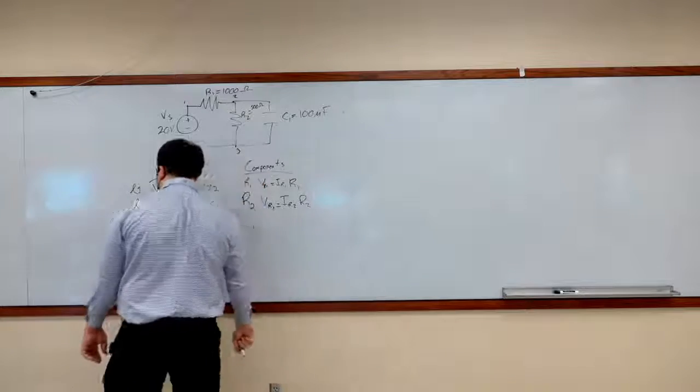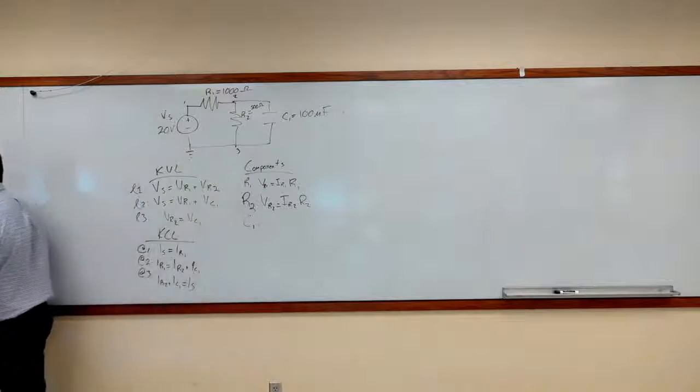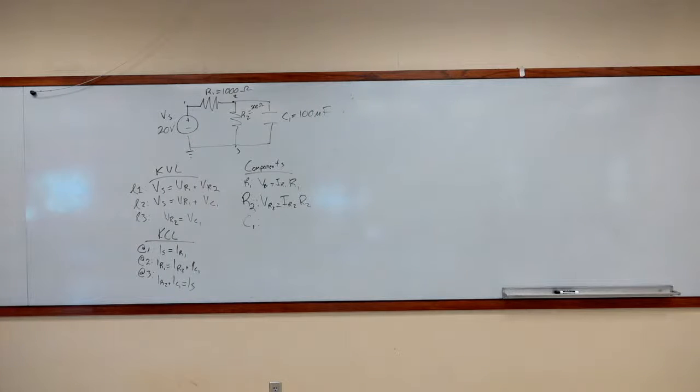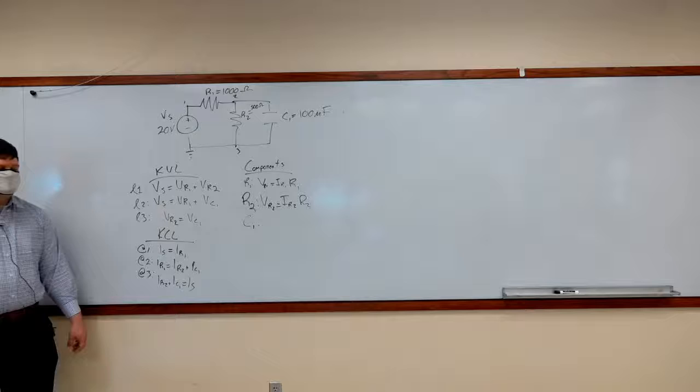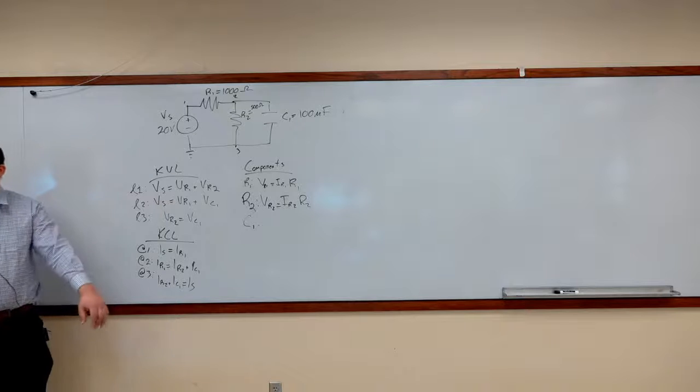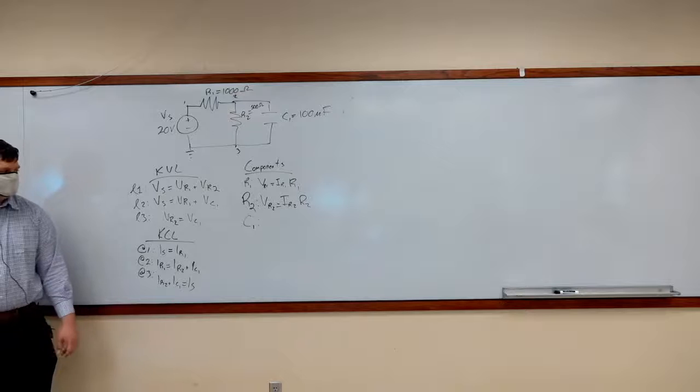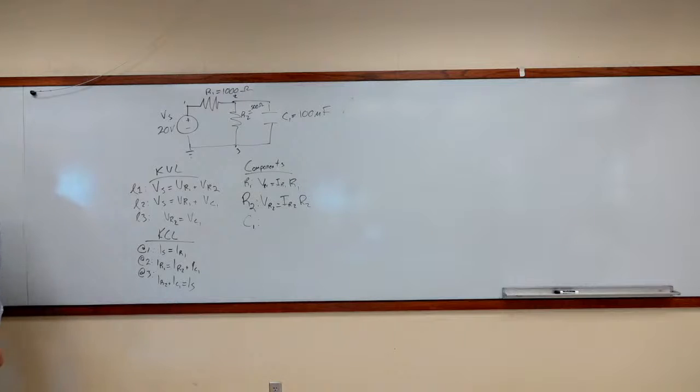Now C1 is a capacitor. What's the relationship between voltage and current in a capacitor? It's one of those many equations that I handed you and said this is probably going to be really important in this class. We just used it in the last problem too.